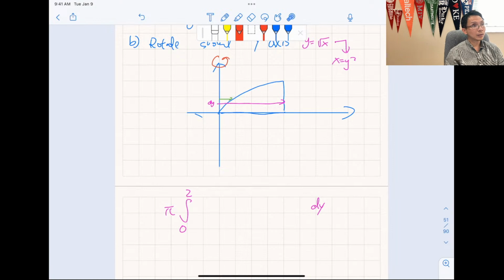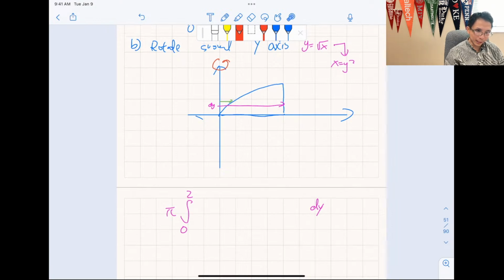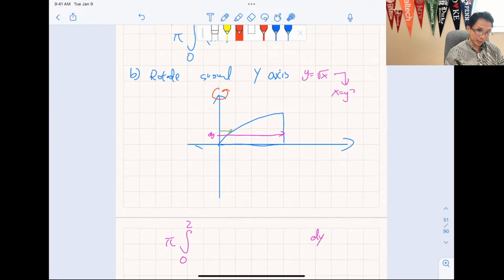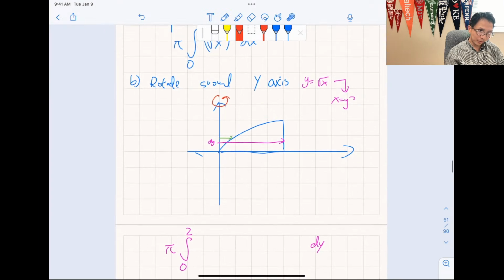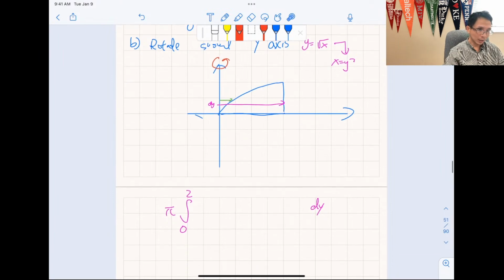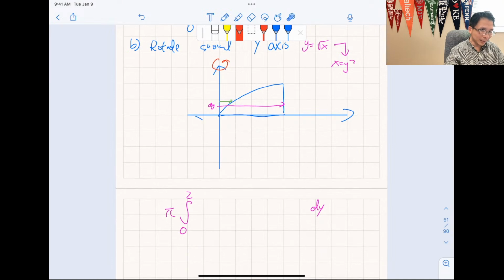Did we set them equal to each other to get the boundaries? Yeah, since this is the y bound, you plug in y equals square root of x. What happens when x is equal to 4? That has to be 2. So the square root of 4 is equal to 2. Is that okay? Yeah.